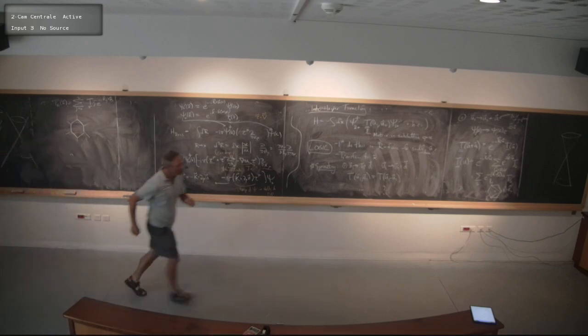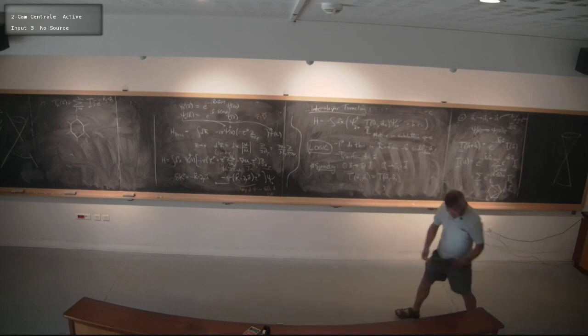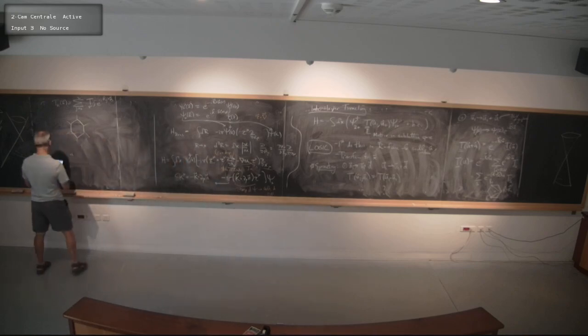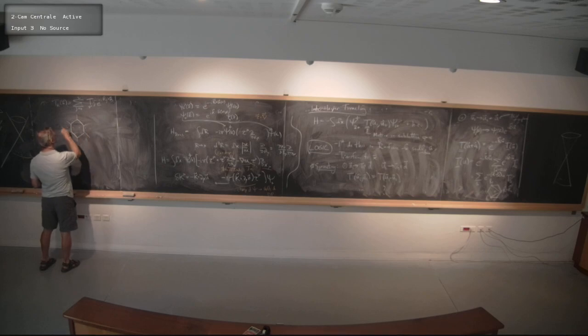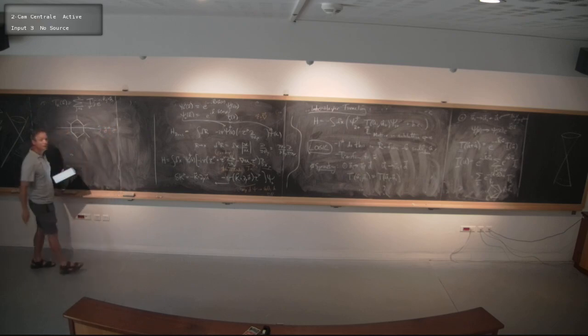Remember which ones I need. One nice symmetry is reflection in this plane. Draw this line, we can reflect here. So this is the y goes to minus y symmetry.